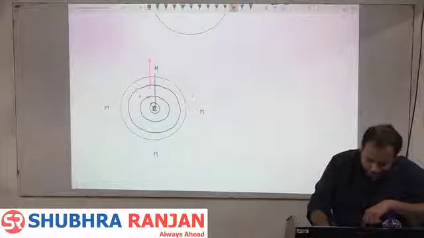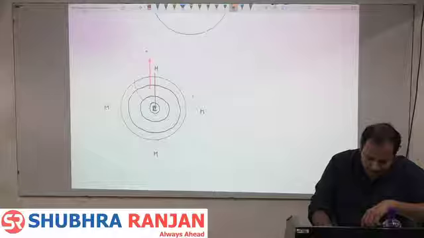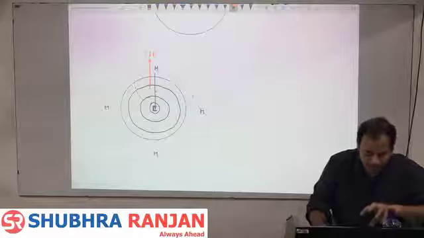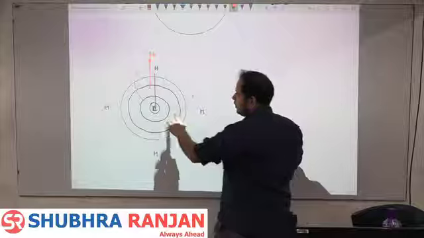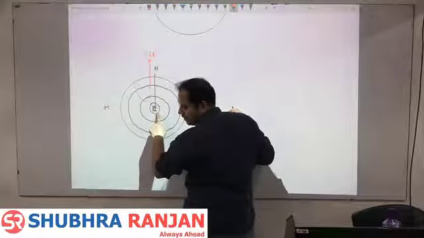As soon as it is going inside, the centrifugal force will try to pull it away. So as a result, there will be a situation when centrifugal force will start balancing the pressure gradient force.